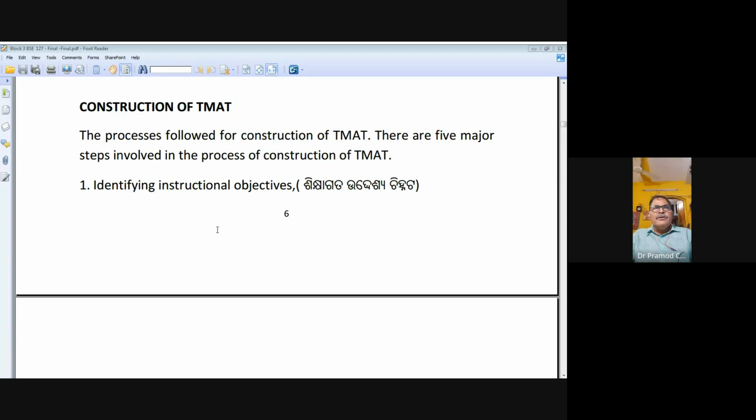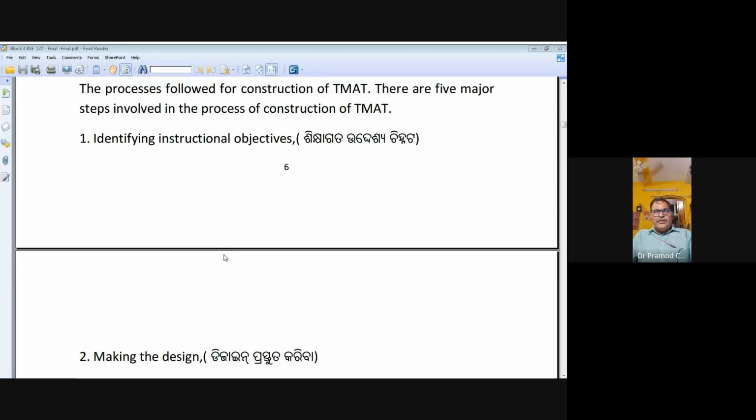First, we will have to identify the instructional objectives. My question is, what do you mean by instructional objectives? The teacher is instructing, the teacher is teaching the content of a particular subject. Then what are the instructional objectives of that subject?